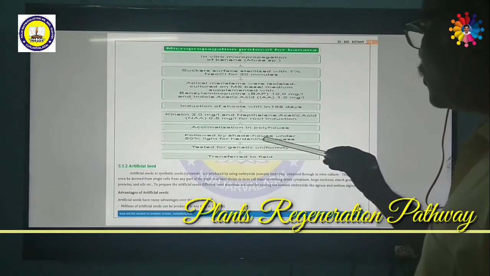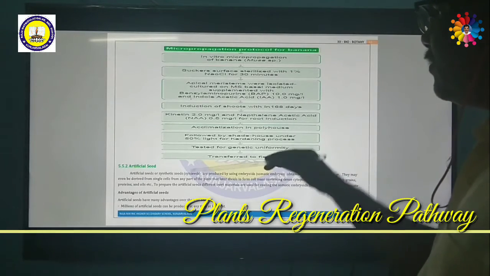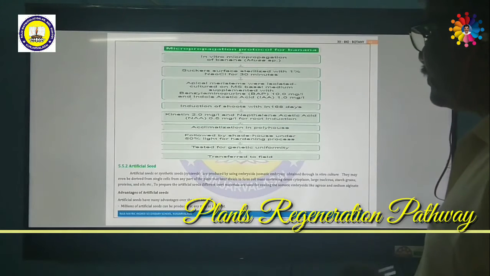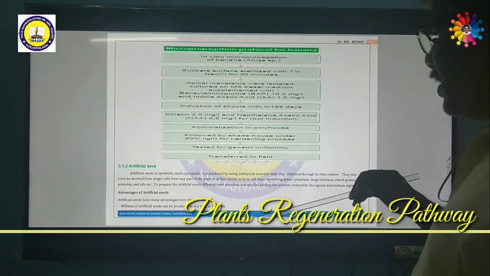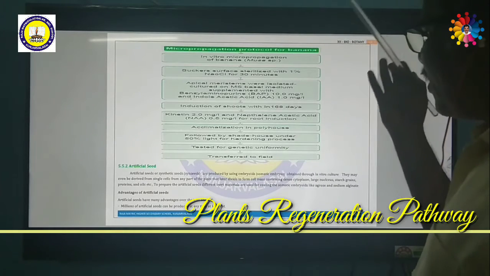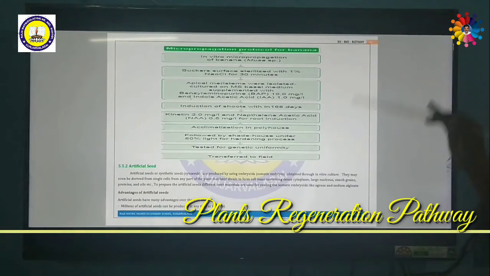Then followed by shade house. After the polyhouse, they are kept in a shade house under 50% of light for the hardening process. After being tested for genetic uniformity, if genetically uniform, they are transferred to the field. So this is the micropropagation protocol for banana plant.